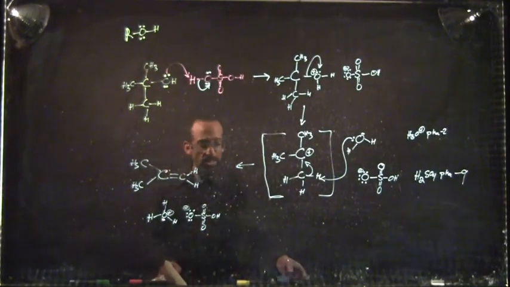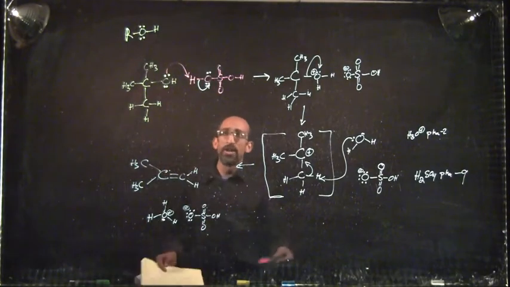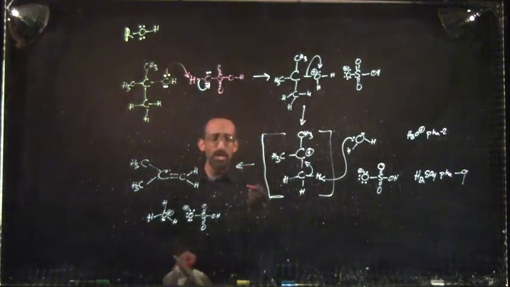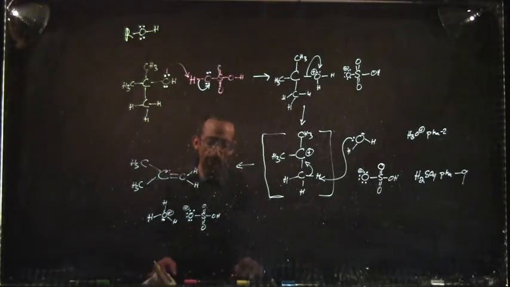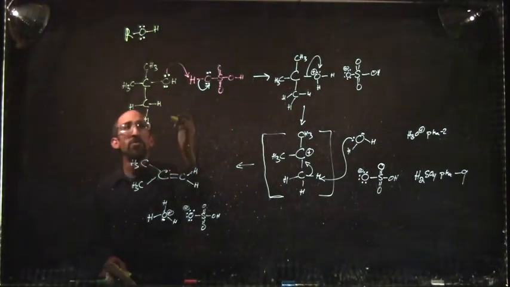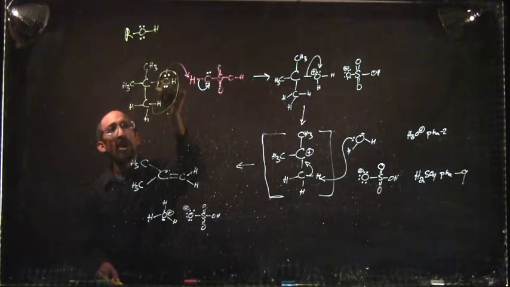to say one last thing: when we do an E1 elimination on an alcohol, you'll notice that overall from the molecule, we are removing 2 hydrogen atoms and 1 oxygen atom. And so we are removing a molecule of water.